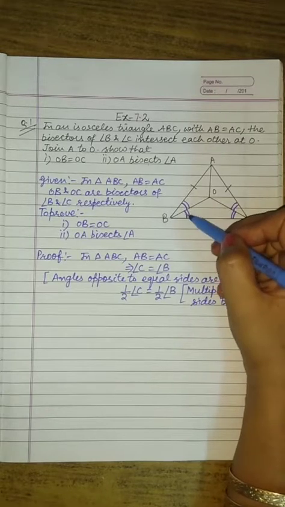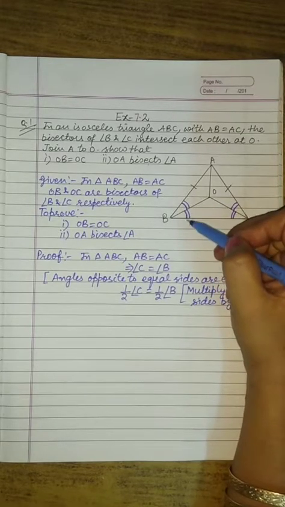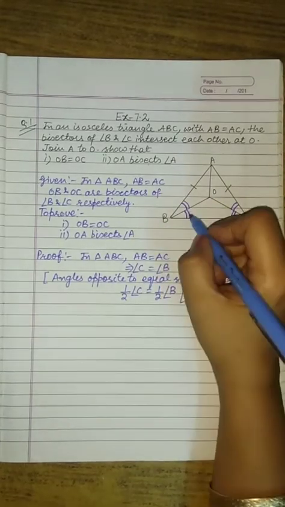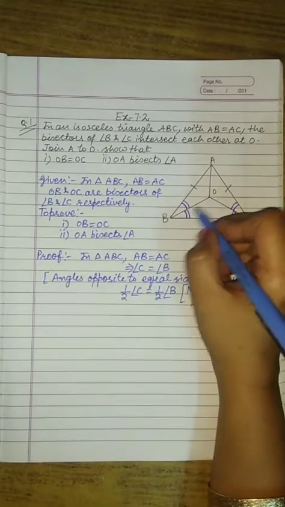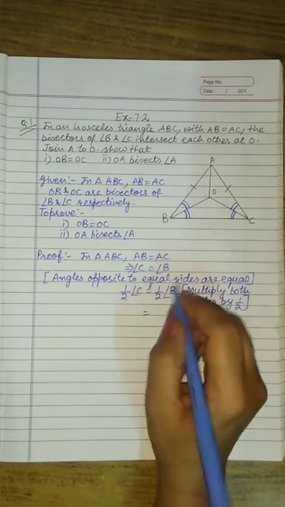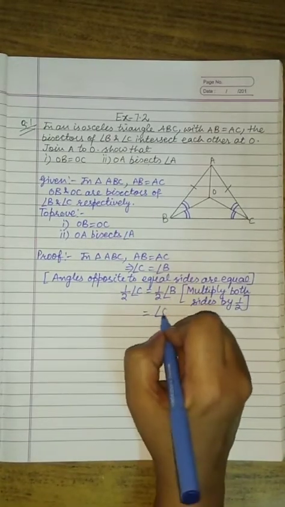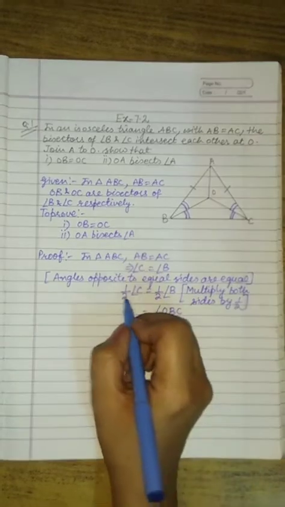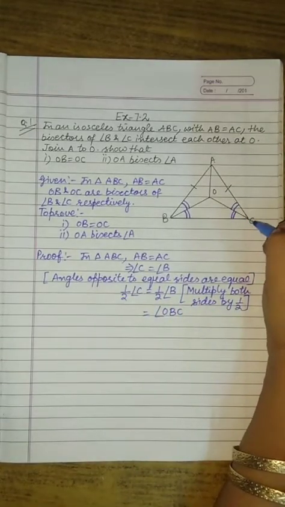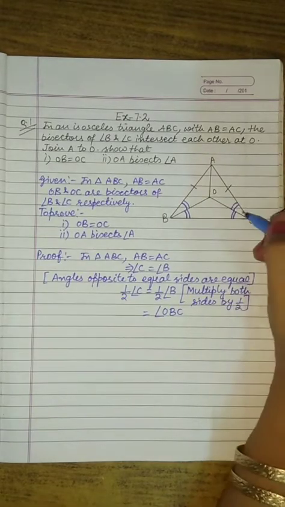So we will use this part of angle B, which is inside this small triangle OBC. So what is this angle? OBC. So half of angle B will be angle OBC. Similarly, half of angle C, we will use that half of angle C which is inside this small triangle.